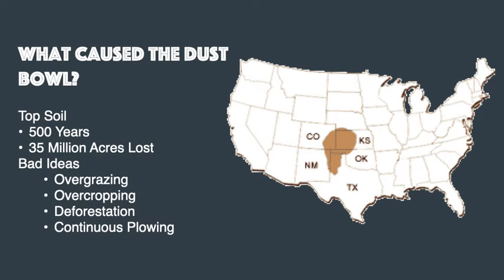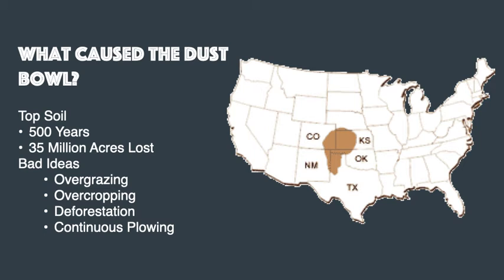But as Oklahoma started to fill up, this was some of the last land the government was trying to entice people to come out and use for farming. This topsoil had been created over hundreds of years by the movement of glaciers and things like that, and have made this soil very rich and very good for growing crops.